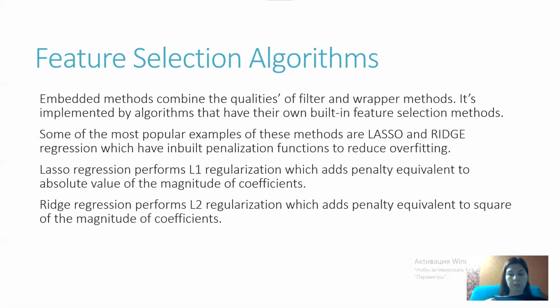Lasso regression performs L1 regularization, which is not really clear for you now because you are not familiar with neural networks and logistic regression. So just look at this slide and understand that there is something which allows you to get the best performance in your model.